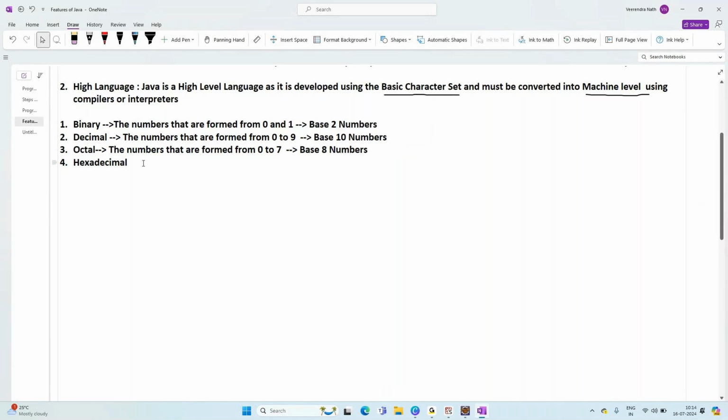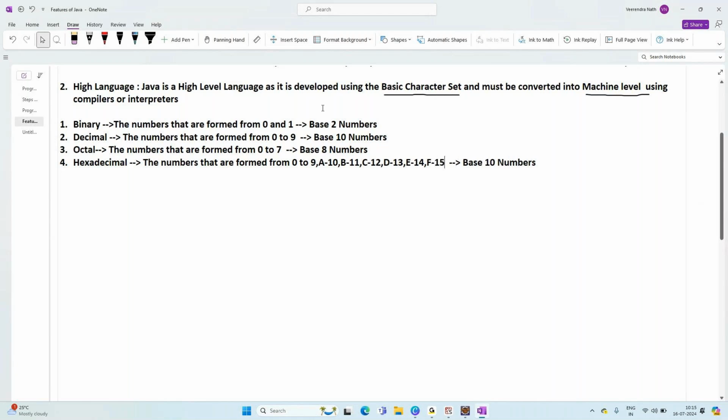Finally, when we talk about hexadecimal, the numbers are formed by 0 to 9 and then letters, where a is 10, b is 11, c is 12, d is 13, e is 14, and f is 15.